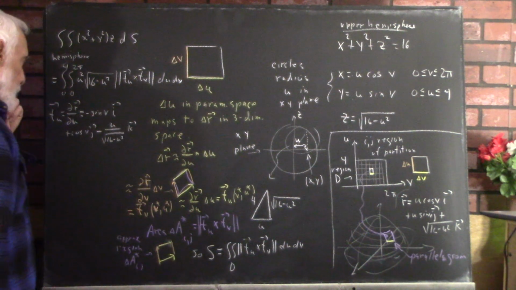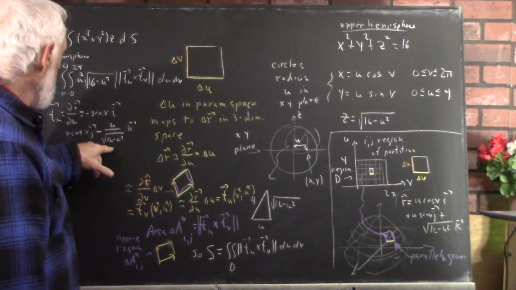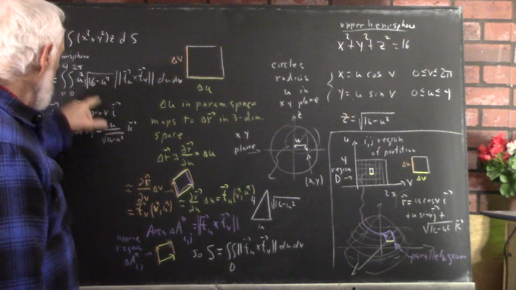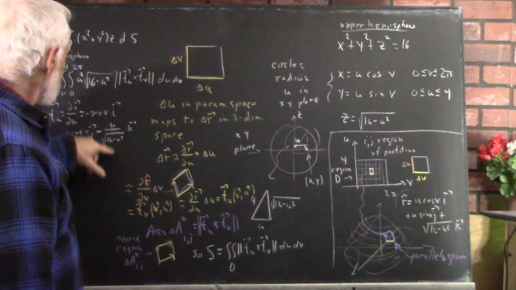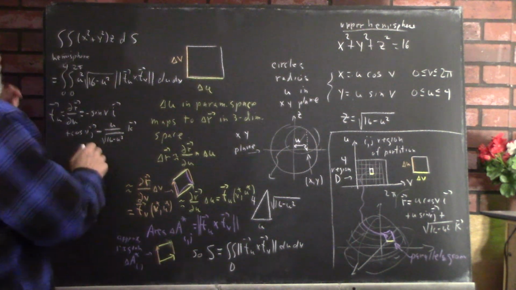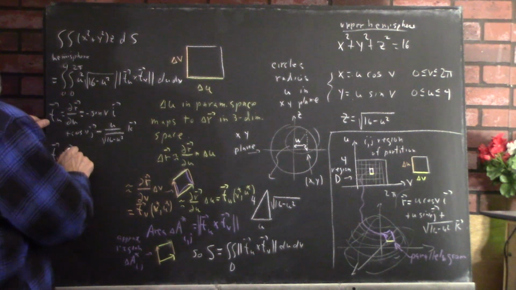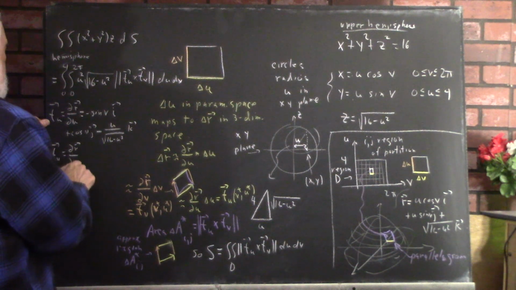And this is actually kind of convenient because you have that square root of 16 minus u squared in the denominator, which is going to divide into this and disappear. Okay. tv is a partial of r with respect to v.